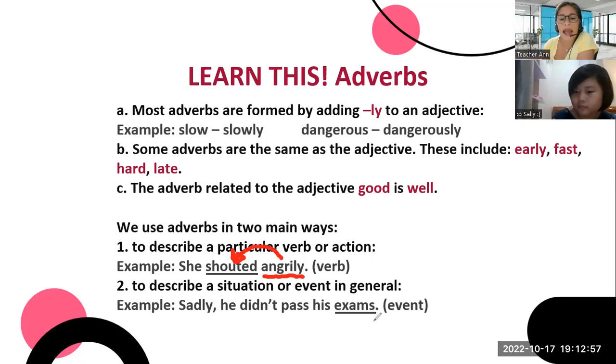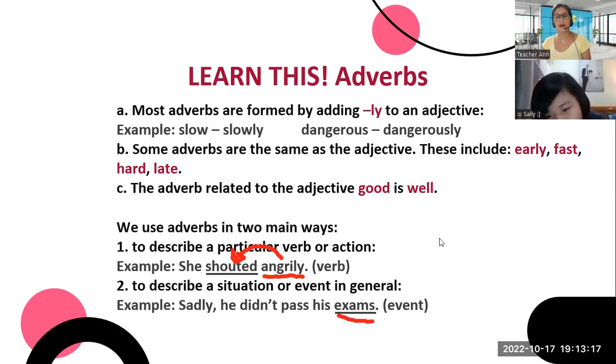Sadly, he didn't pass his exams. Okay, so this describes the general event, the exams. Can you see that?